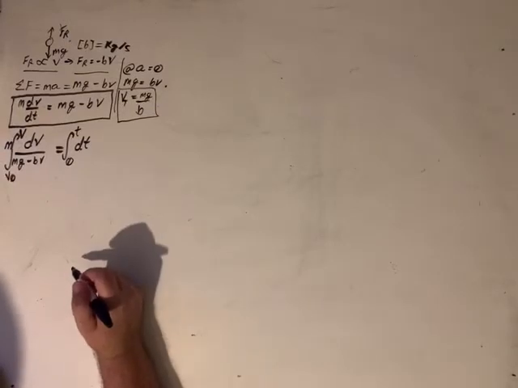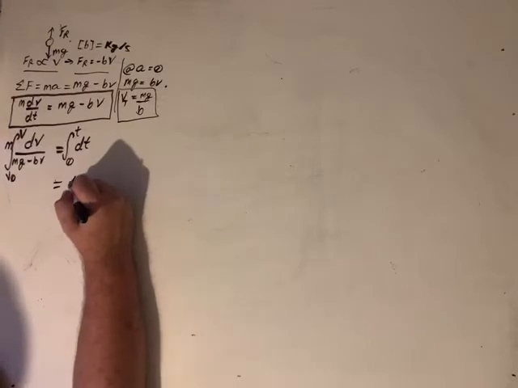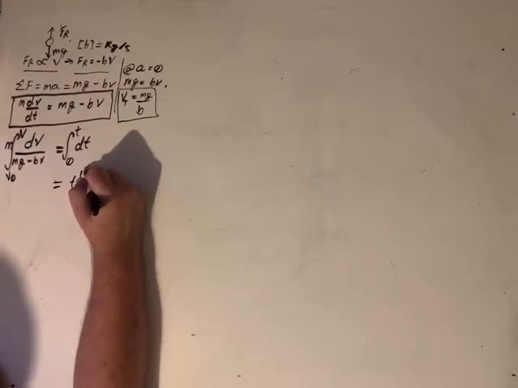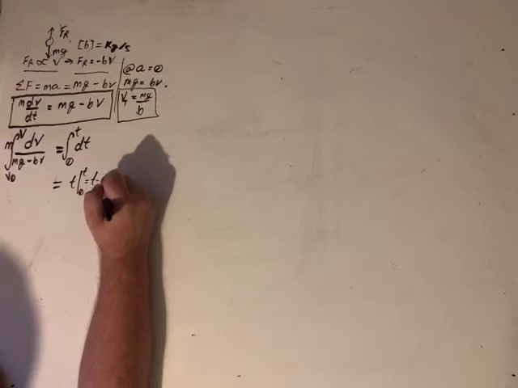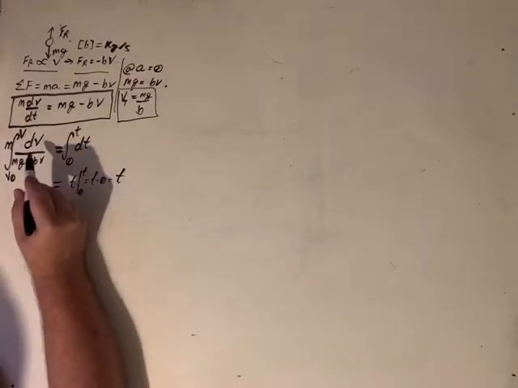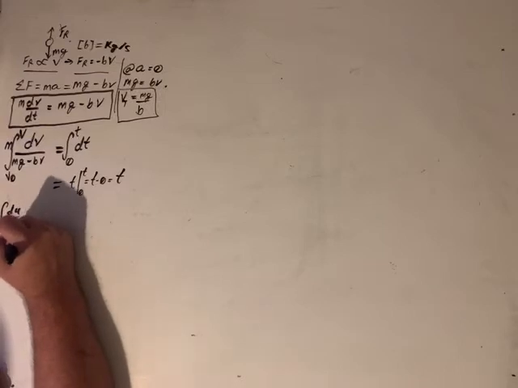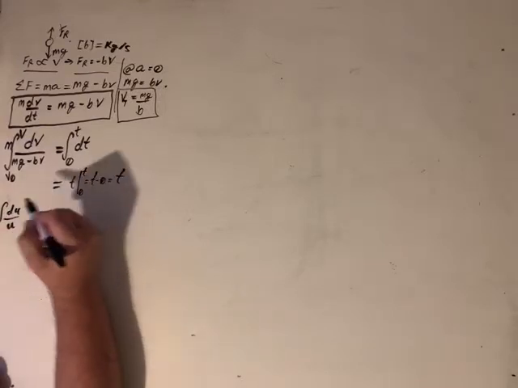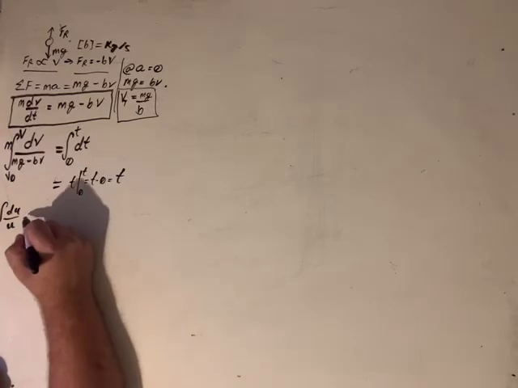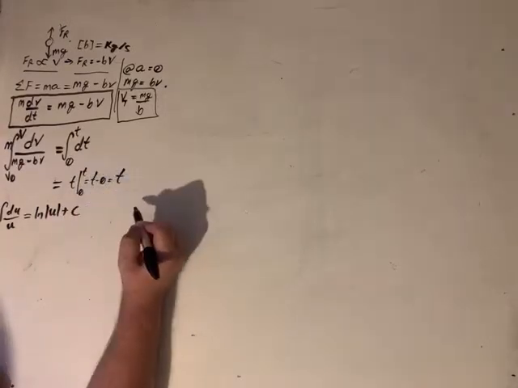Okay. So on the right, this is pretty easy. The integral of dt is just t, and if I take that from the limits of 0 to t, then it becomes t minus 0 equals t. So on the right, I've got t, no problem. On the left, let's remember that if I have the integral of du over u, where u is some function of some variable, I can solve that integral as the natural log of the absolute value of u plus c.